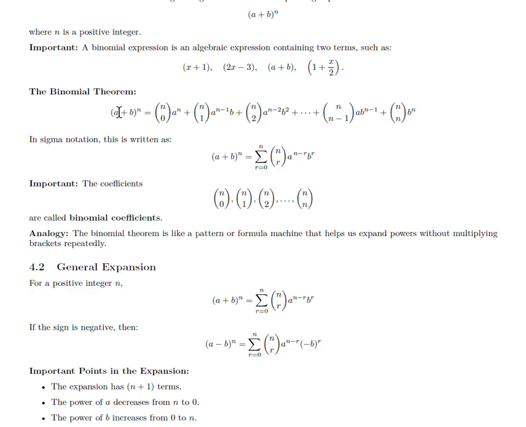That is, a plus b raised to power n is n combination 0 times a raised to power n plus n combination 1 times a raised to power n minus 1 times b plus n combination 2 times a raised to power n minus 2 times b raised to power 2 plus we keep going on following the same pattern till we get to the second to the last term, which is n combination n minus 1 times a times b raised to power n minus 1 plus n combination n times b raised to power n.